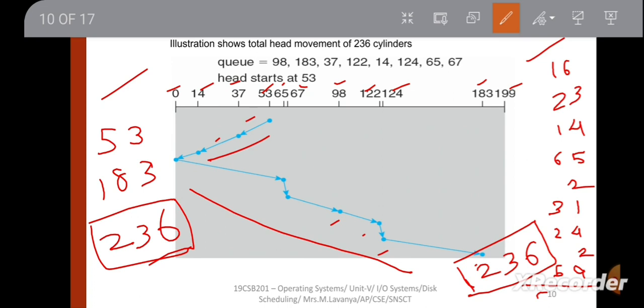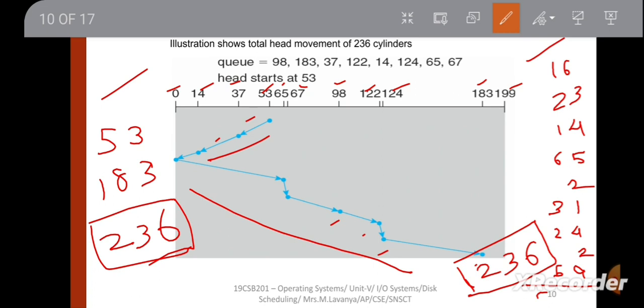As said before, in the SCAN algorithm you can start the traversal on either side. From 53 we took it to 0, and after that we moved towards the 183rd cylinder at last. In the opposite direction you can also do it: the movement will be from 53 to 199, and after that, while reversing from 199, it will serve the other direction till 14.